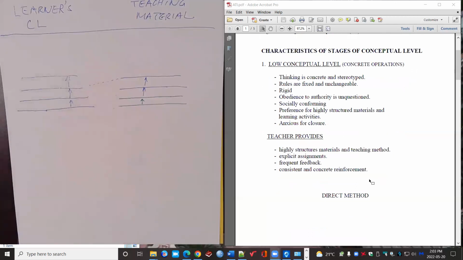All right, so in this case here, the teacher provides highly structured materials and teaching method, okay? So highly structured materials and teaching method, explicit assignments.